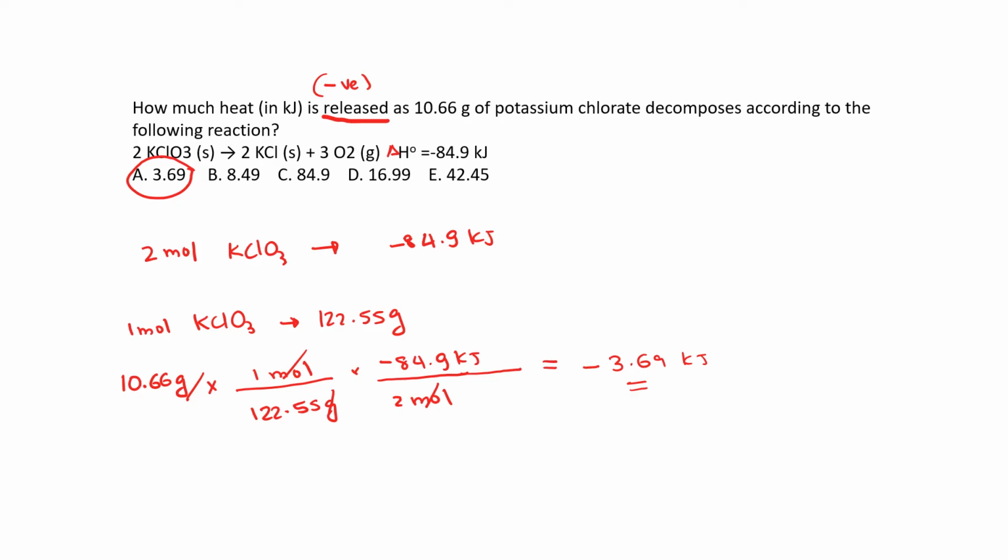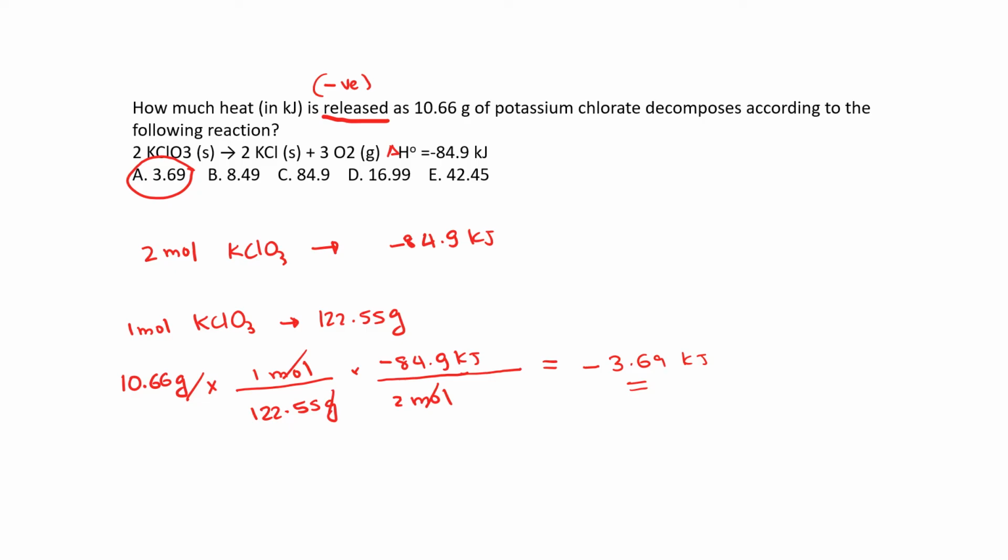And 1 mole of potassium chlorate weighs 122.55 grams. You get this number by calculating the molar mass of potassium chlorate, KClO3.